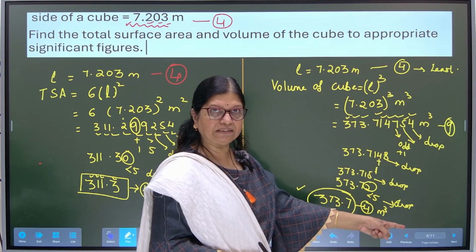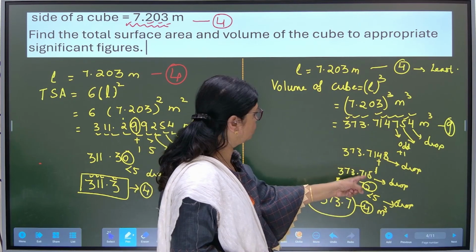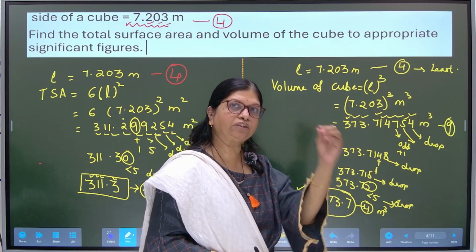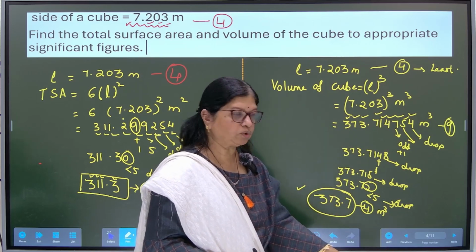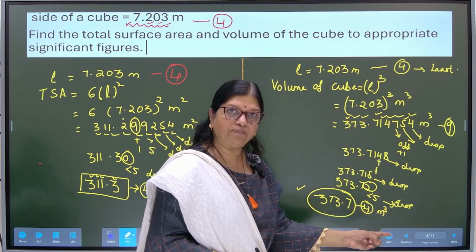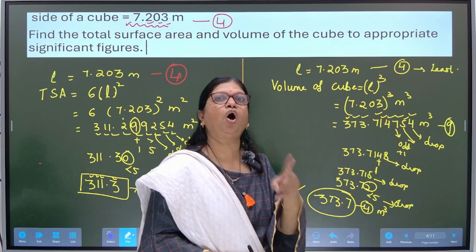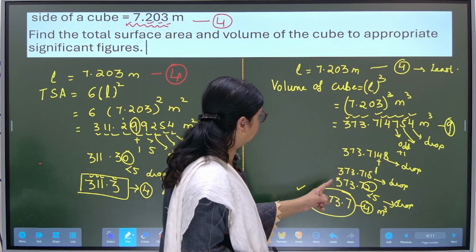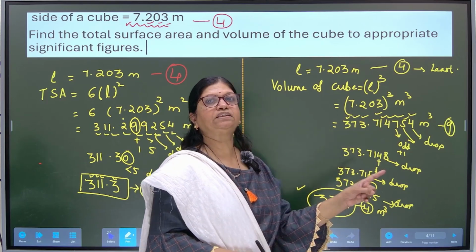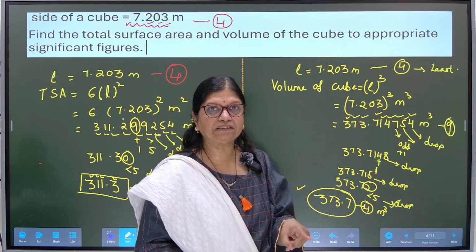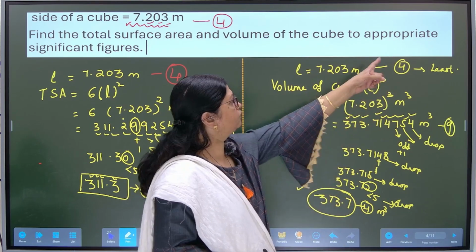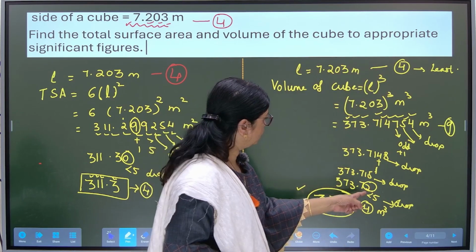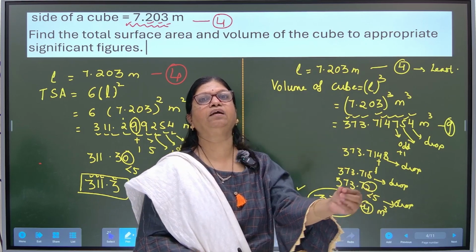Did I reach the correct significant figures? No. So I go to 5, drop it. 5 is to be dropped. Understood? So if 5 is dropped, the previous digit is odd. Again I add 1. So I get 373.72. Did I reach 4 significant figures? No. So I go to 2. 2 is less than 5. Drop it.